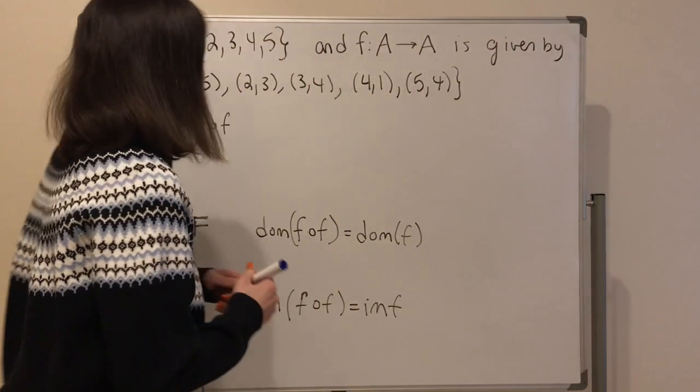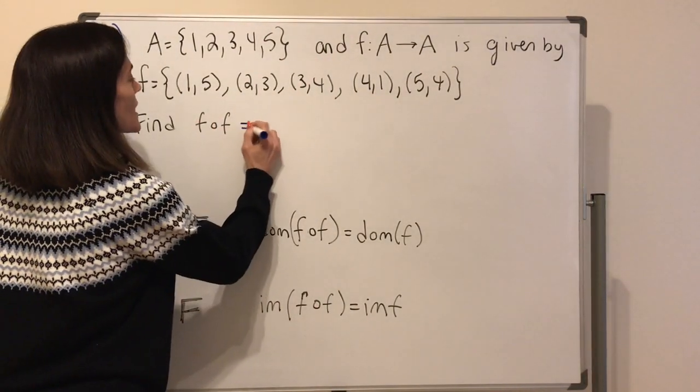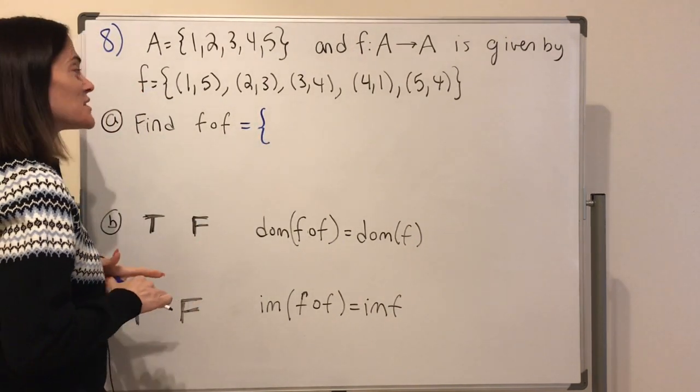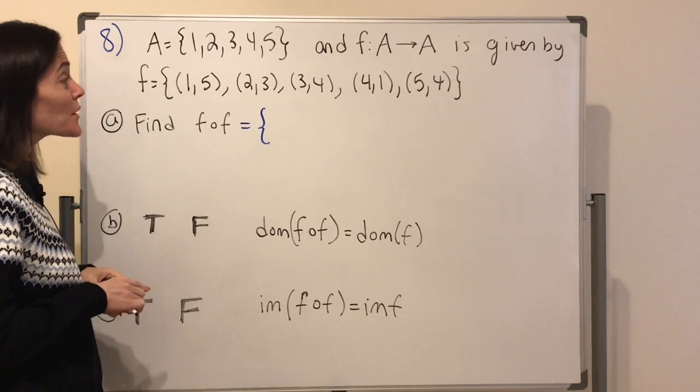The first thing we want to do is find f compose f, okay? And I will do this in this relation notation as well because f was given to me this way. So how do we do this?